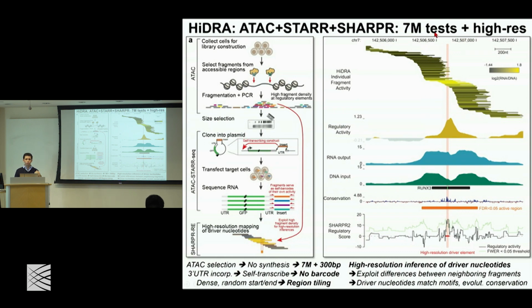In this particular case, we're doing a single experiment to test 7 million fragments of DNA, and then by basically cutting them off from the accessibility experiment and then putting them into plasmids, which we can then test systematically using self-transcribing reporters where the construct itself is serving as its own barcode.